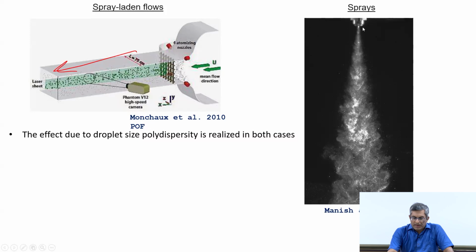Now, on the other hand, you look at a spray. Here also you have sprays, but this is called spray laden flow because as such there are no effects present like in an actual spray. What effects, we will discuss. But in both cases you have size polydispersity present.